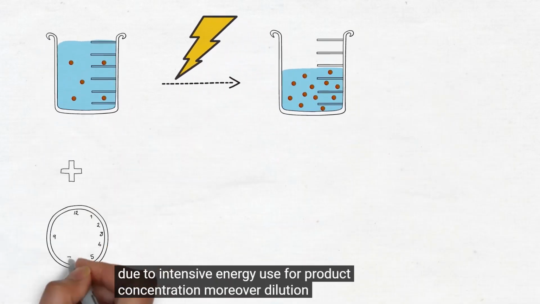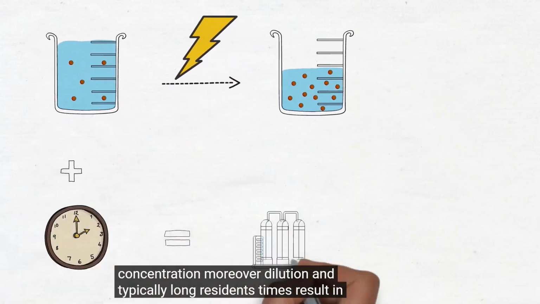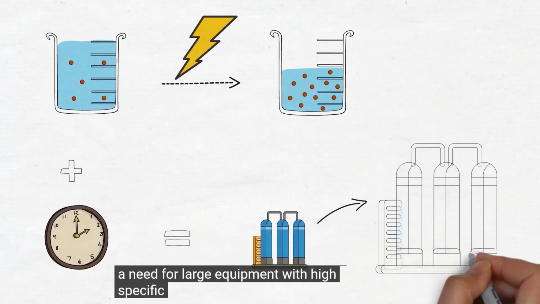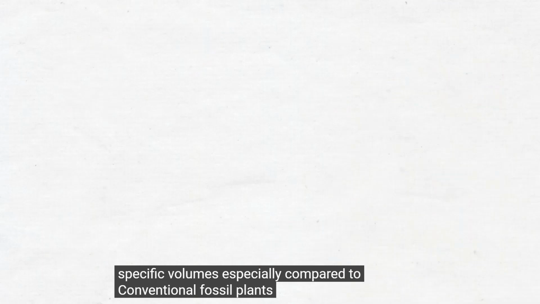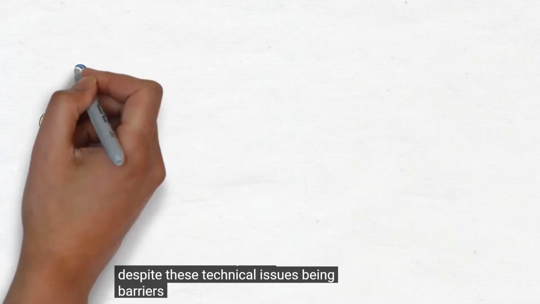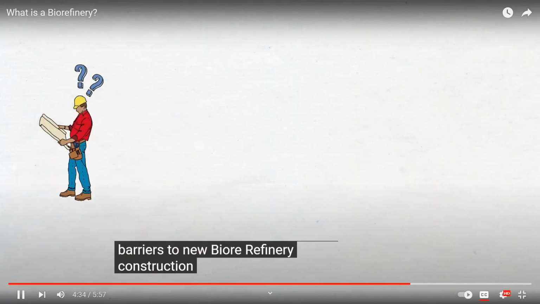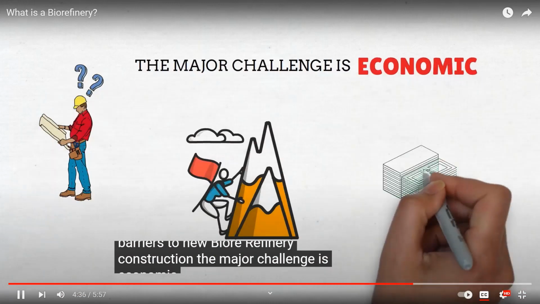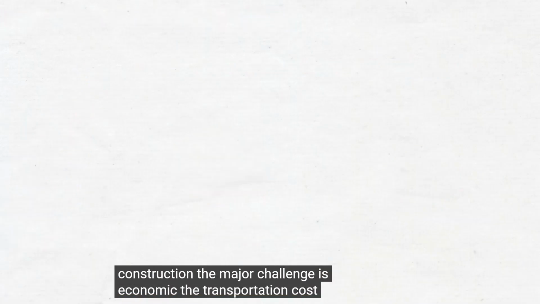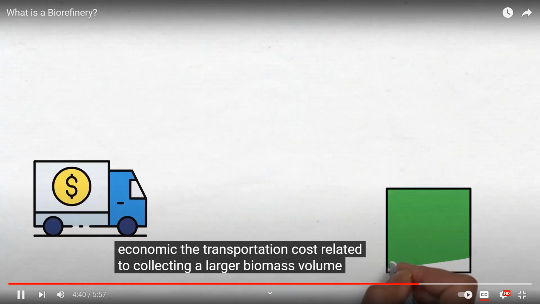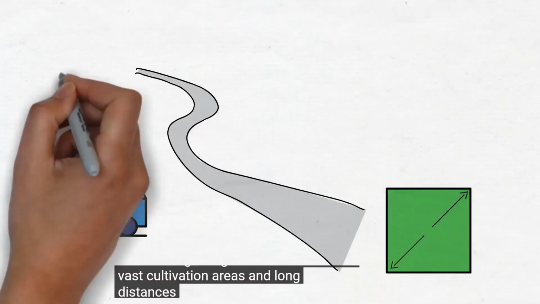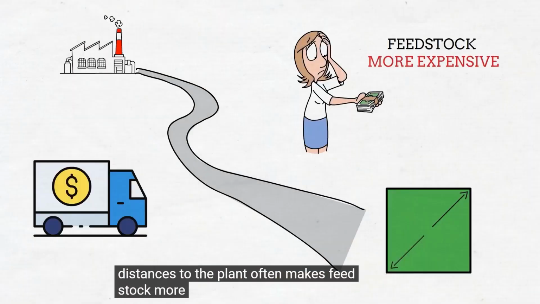Moreover, dilution and typically long residence times result in the need for large equipment with high specific volumes, especially compared to conventional fossil plants. Despite these technical issues being barriers to new biorefinery construction, the major challenge is economic. The transportation cost related to collecting a larger biomass volume in vast cultivation areas and long distances to the plant often makes feedstock more expensive.